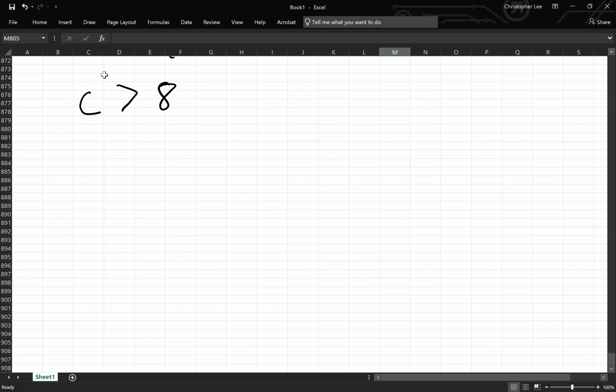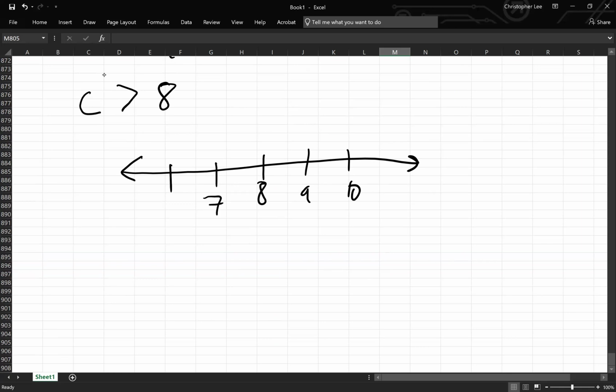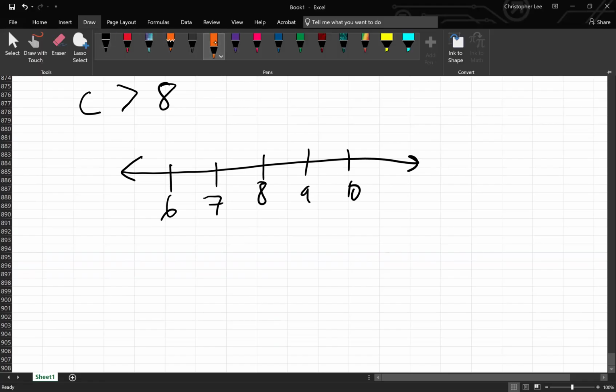So now, same thing. I want the graph and I want the interval notation. So here we go. Graph. This is 9, this is 10. This is 7, this is 6. All right. And then where do I want to shade this in? To the right, right? So greater than 8.